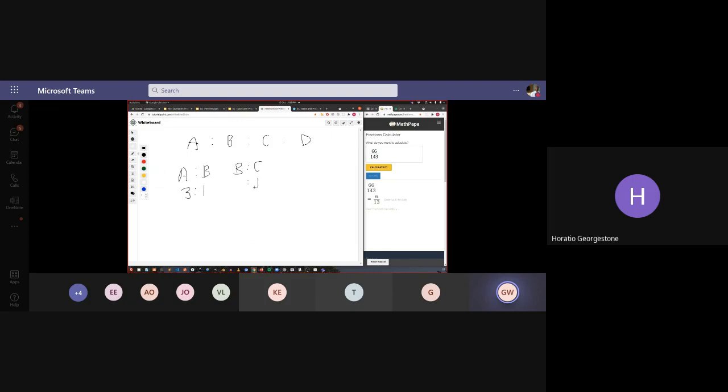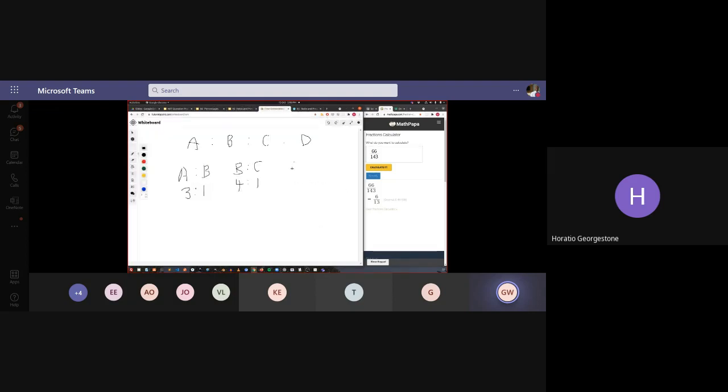So the easiest way to do that is it's going to be 4 to 1. And we're told that D is twice as tall as A. So A to D is going to be 1 to 2. So we want D's number to be twice as much as A's number.